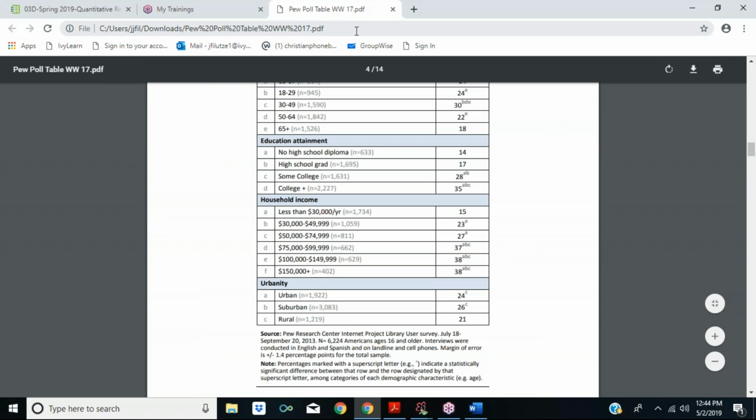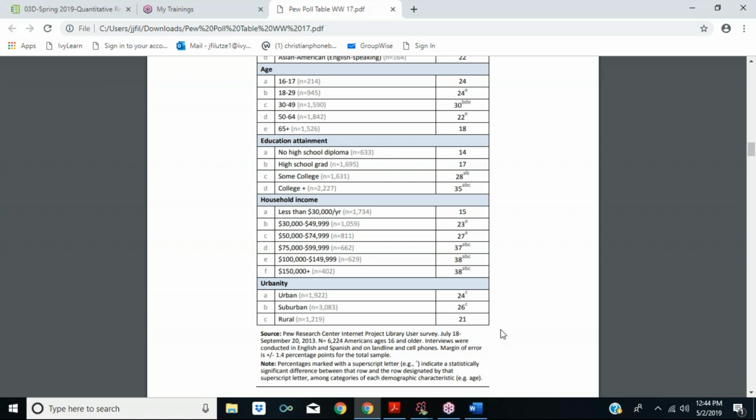All right. So are there any other questions on the polling and margins of error?